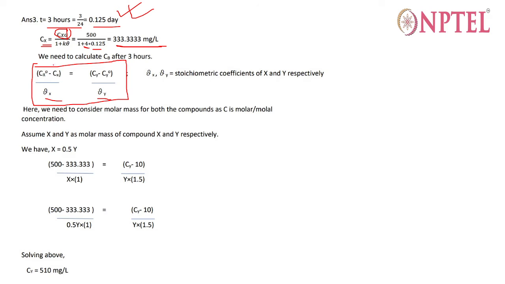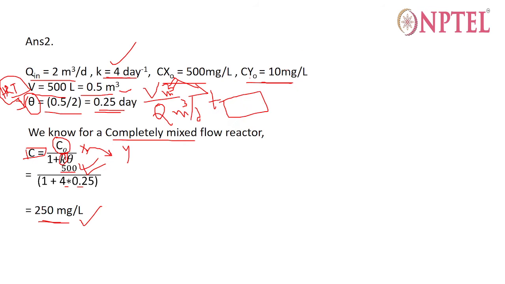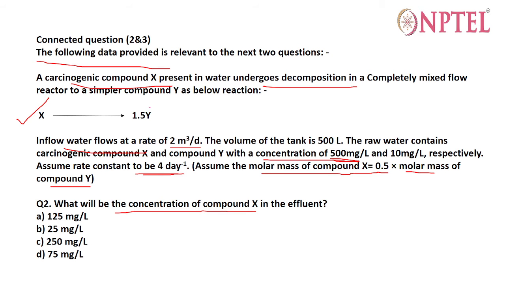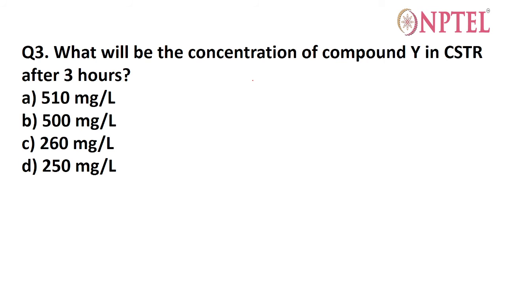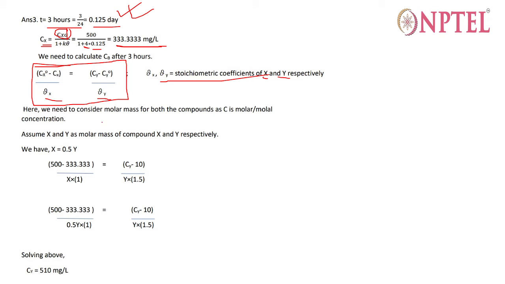I will request everyone to go through the lectures, it's in unit 3, so you will know why I am saying this. Everything should be in the molar mass format. And these are the stoichiometric coefficients used for X and Y. If you go through the equation that was given, you can get the stoichiometric coefficient for both X and Y.